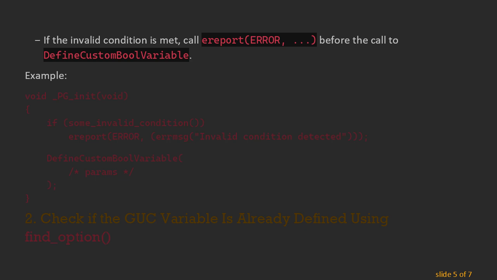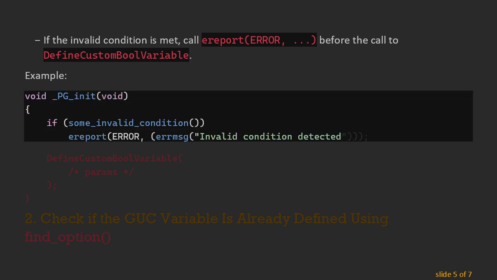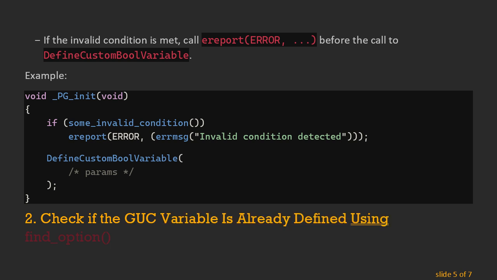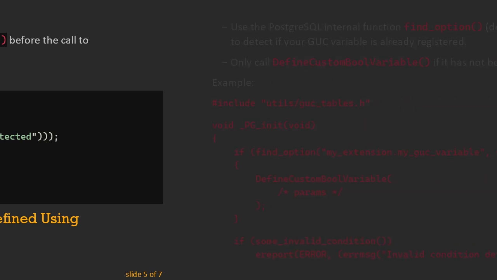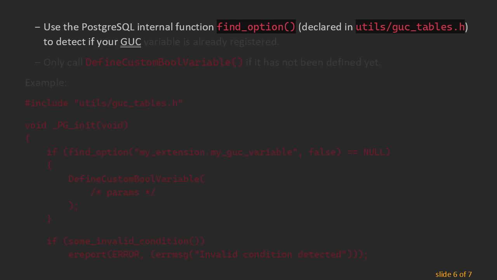Example: 2. Check if the GUC variable is already defined using find_option. Use the PostgreSQL internal function find_option, declared in utils/guc_tables.h, to detect if your GUC variable is already registered.